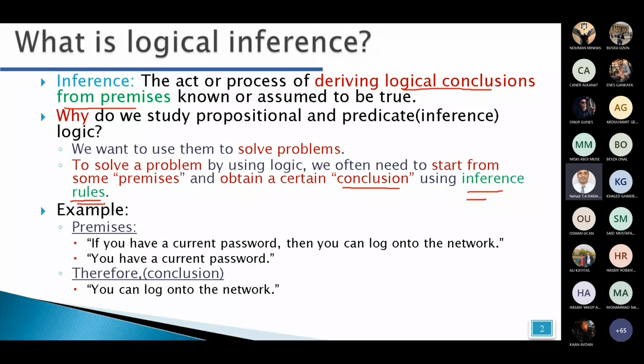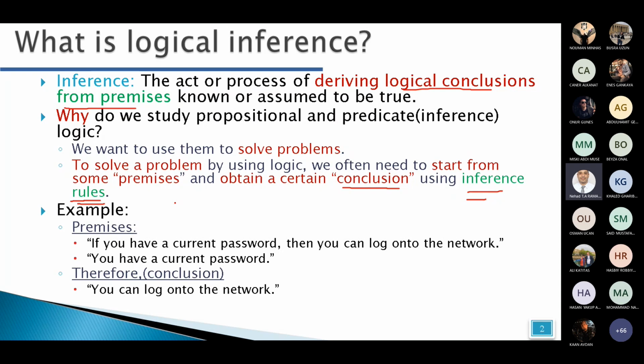Until now for logic, we have the truth table and the logical equivalence rules. Now we have something called inference rules. We use them to prove a logical statement, or to get a conclusion from the premises.